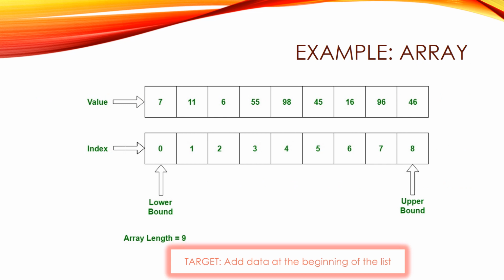Let's take an example of an array. This is an array that has the capacity to store, let's say, 100 elements, but at present the length of the array is 9. It is storing 9 elements, but the target for this example is that we need to add data at the beginning of the list.